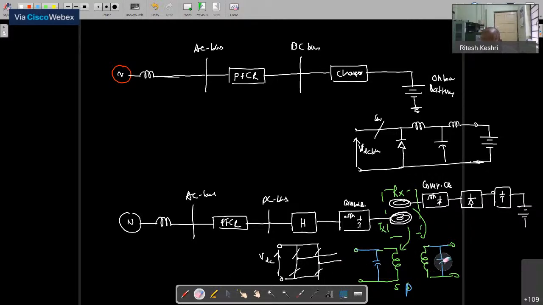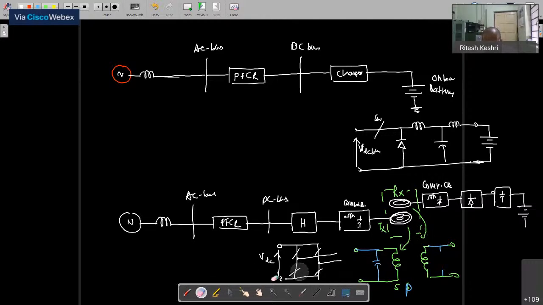Or if here we use a series capacitor, it will become PS topology. So I have just explained the basics. Otherwise you can use some other combination, maybe one coil here, an LCL topology.